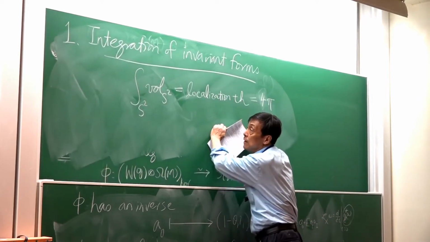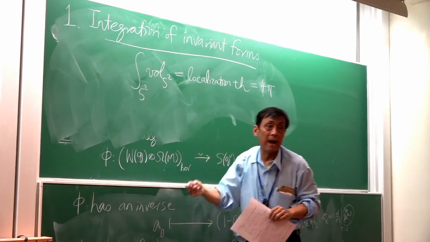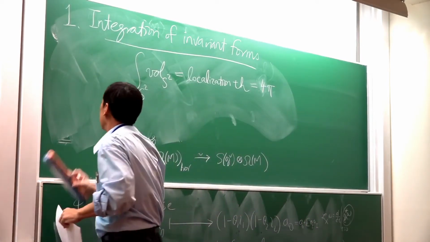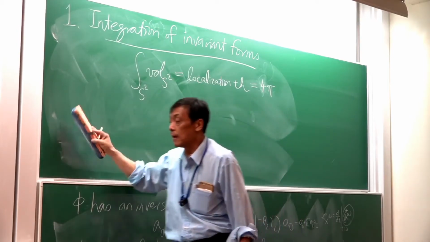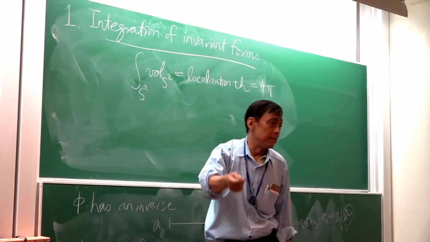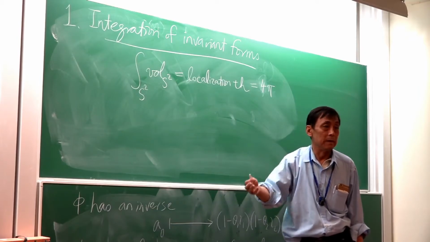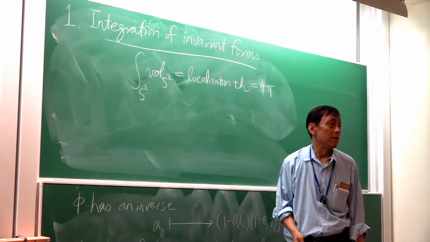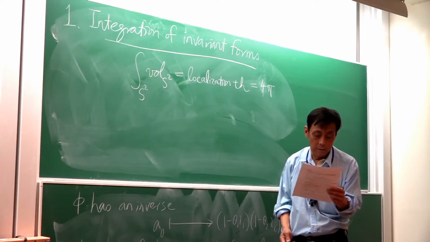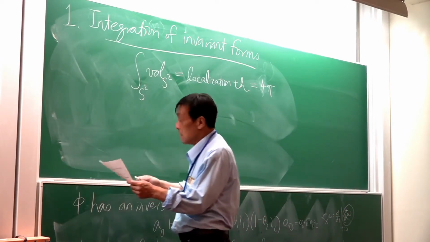So if you have an invariant form under a torus action, and the torus action has finitely many fixed points, and you can figure out what the f is at the fixed points, then you can calculate the integral using the localization formula, okay?